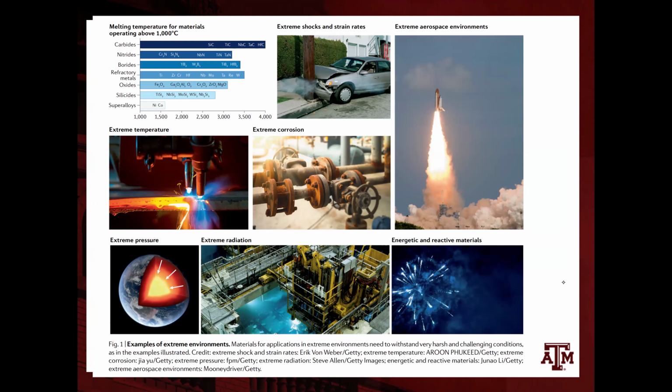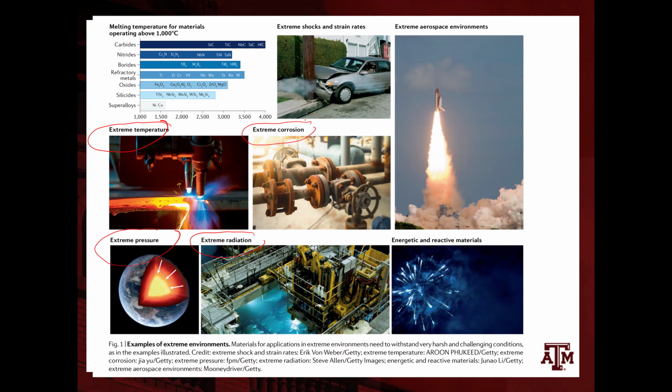If we have extreme temperature, or very high pressure, or radiation effects, like in our case, or corrosion, whether aqueous corrosion or molten salt corrosion, those options are usually limited, and we really have a handful of materials.